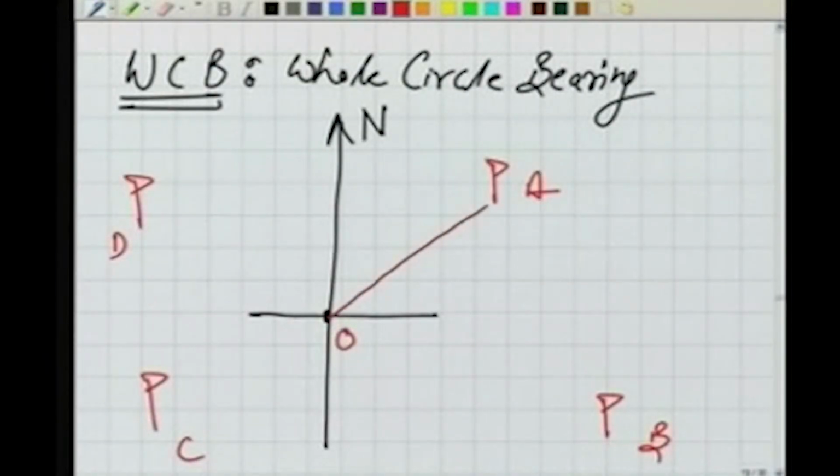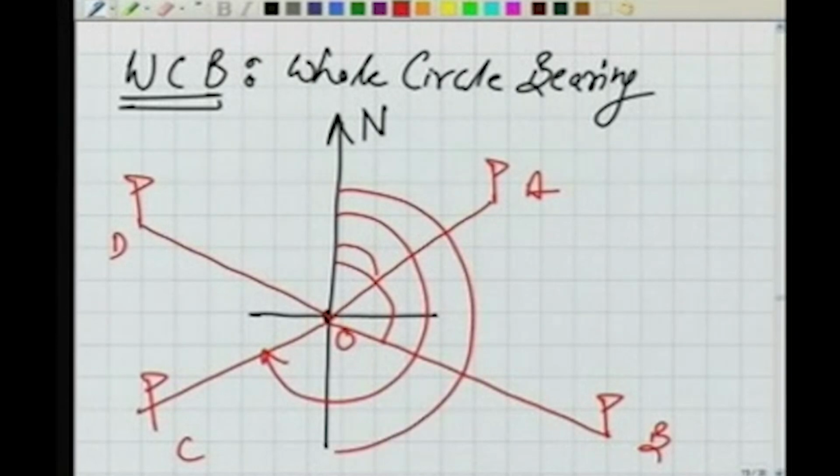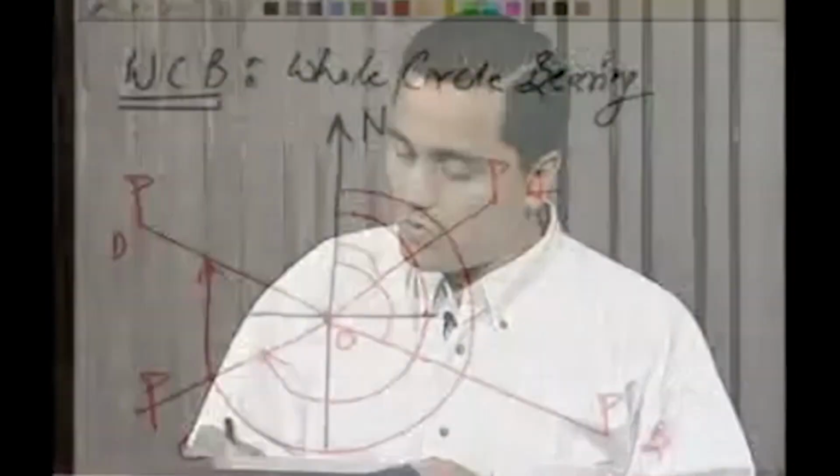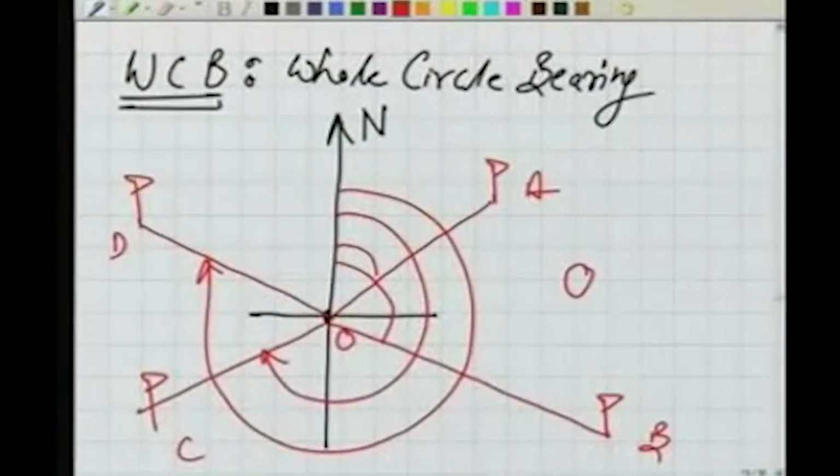So the bearings will be measured as, for example, the angle here, the angle here, and maybe this angle and this angle. So the whole circle bearing means measuring the bearing of the line, line OA, OB, OC and OD, from the magnetic meridian, always clockwise. So naturally this could range from 0 to 360 degrees.